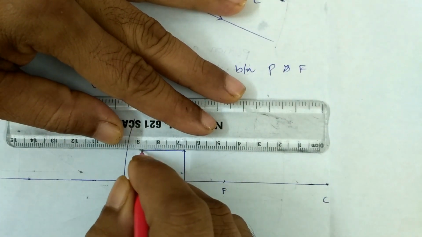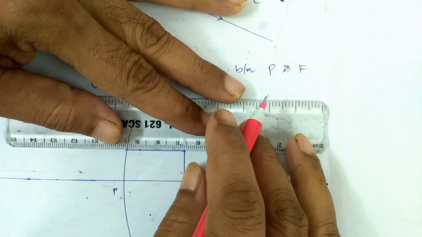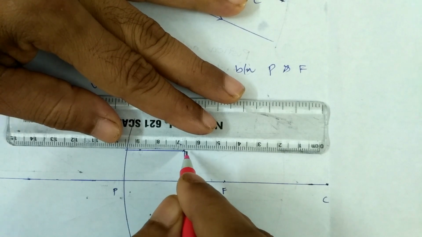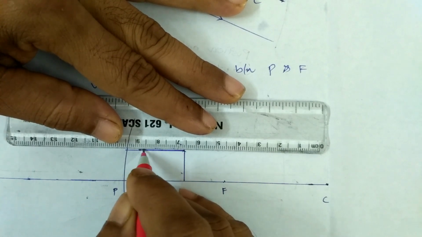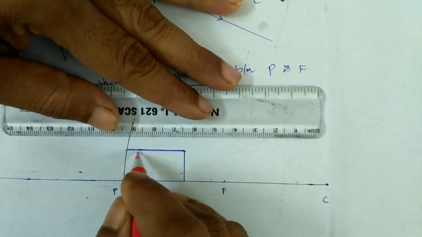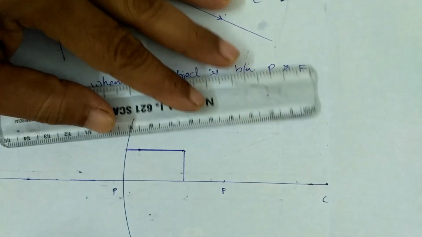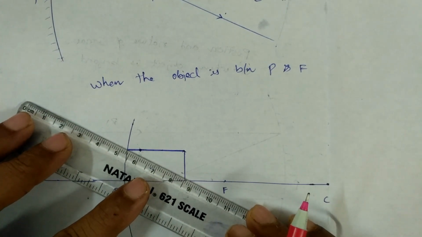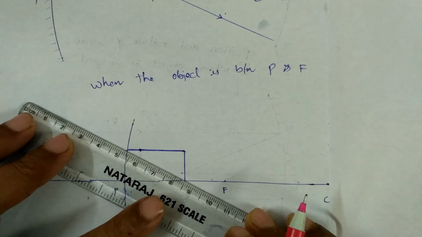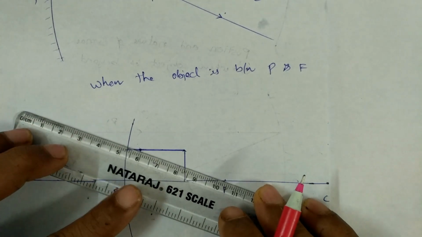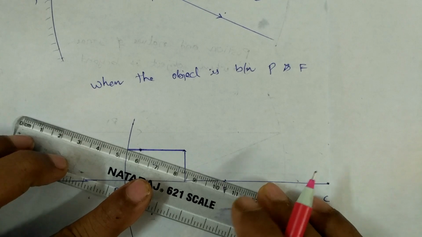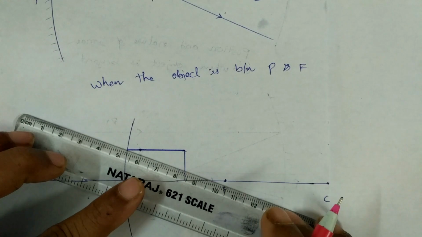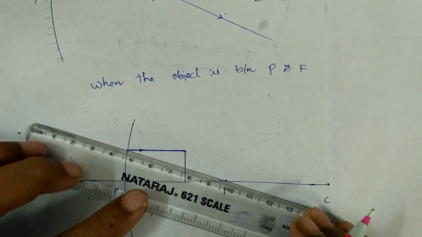Now this is the ray parallel to the principal axis. After reflection, it should pass through focus. Right? So here, even if there is the slightest mistake, there won't be any problem.